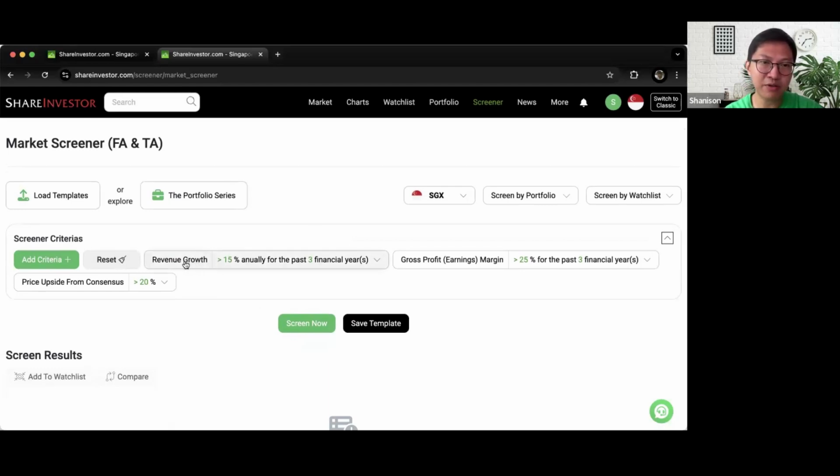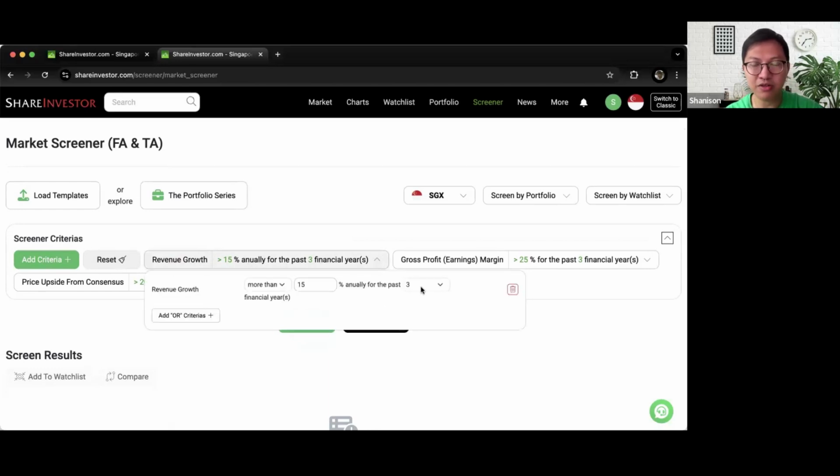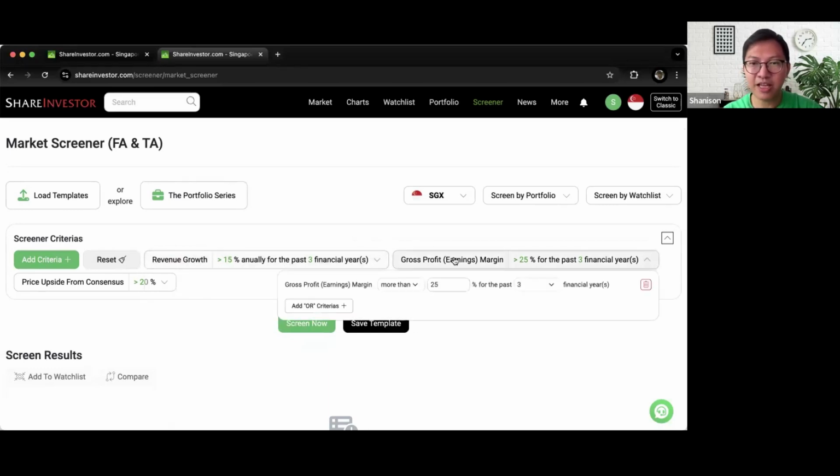For this, we define revenue growth of 15% annually for the past 3 financial years. So every year you have to grow revenue by more than 15%. The other part is gross profit margin, more than 25%, so profit margin has been high continuously for the past 3 years. And you can choose up to 5 financial years.